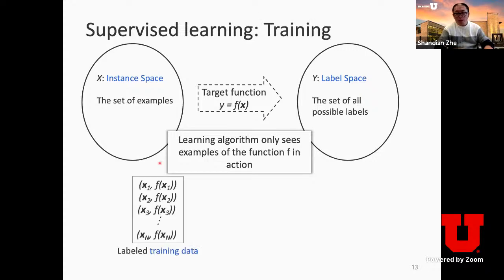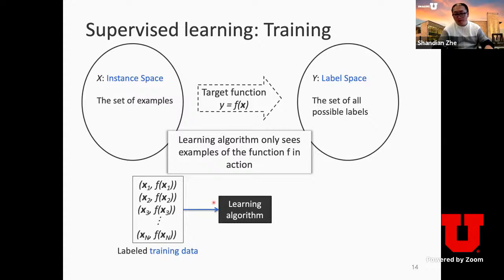In supervised learning, we call this training data. So training data are essentially pairs of the instances and the labels, which are generated by this target function. And we need to first collect a set of labeled training data, and then we feed this training data set to our learning algorithm.